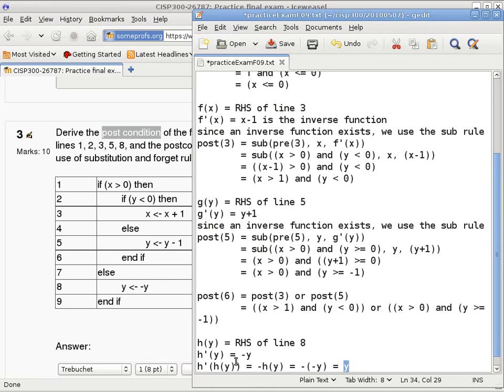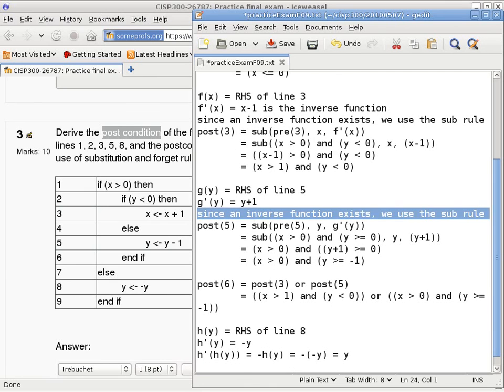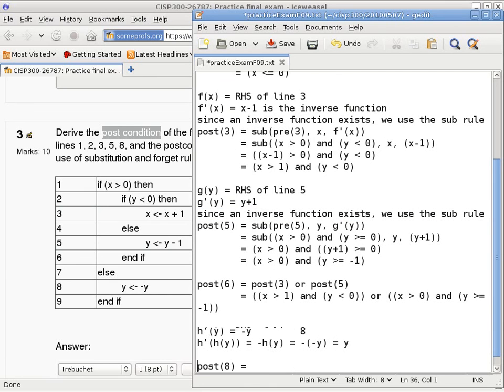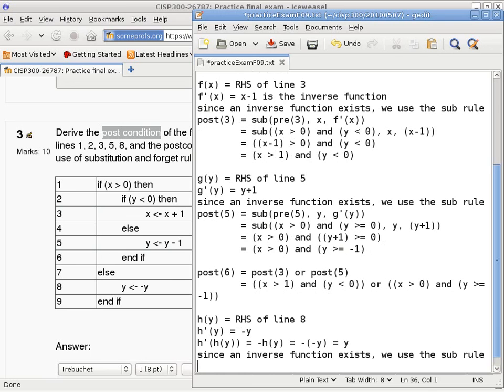Okay, but the point is, since there is an inverse function, the way we figure out the answer is to use the substitution rule. So the substitution rule applied to pre-8. We replace all the occurrences of y with h prime applied to y. And then we just copy and paste a bunch of stuff.